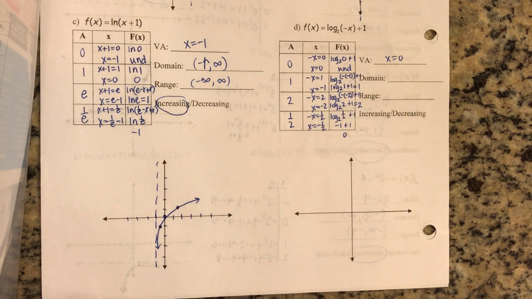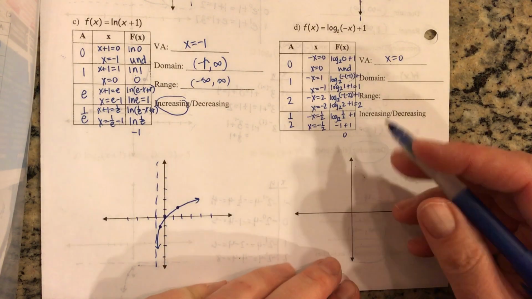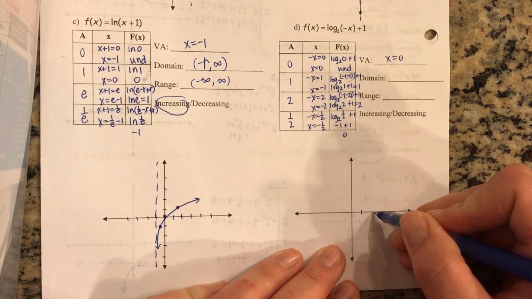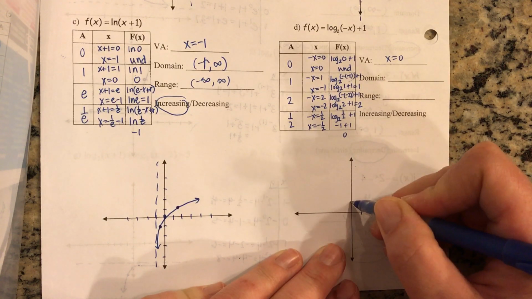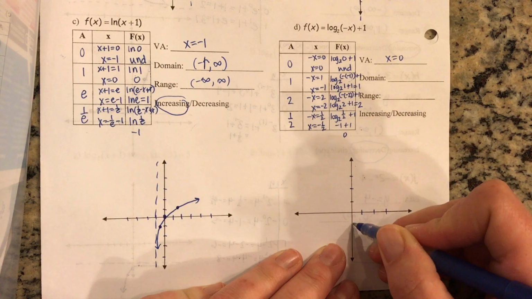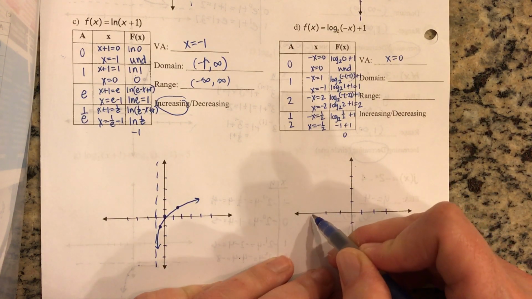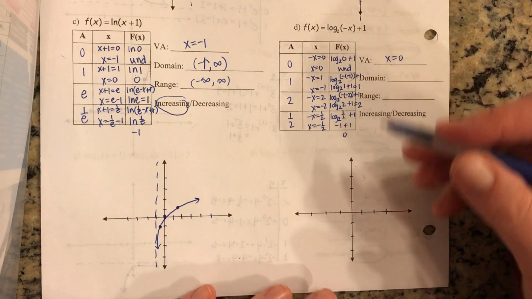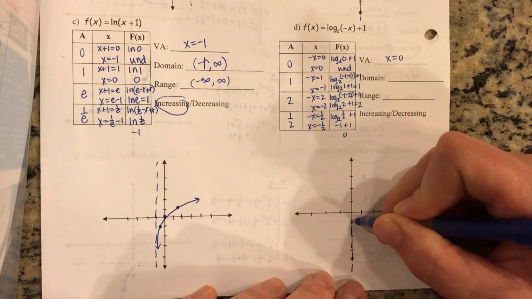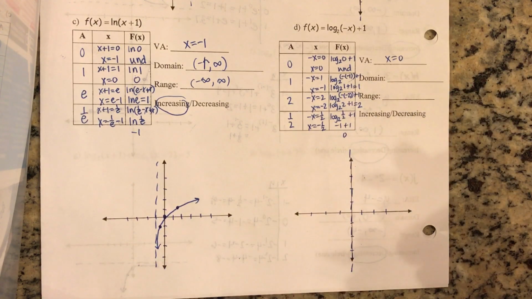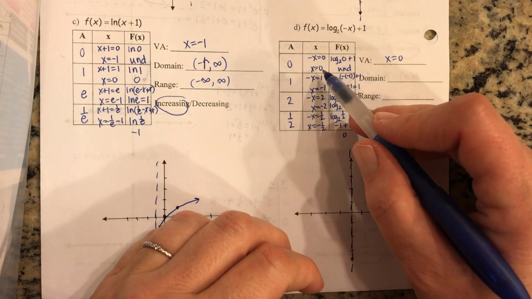Okay, so let's see here. 1, 2, 3. I'm going with bigger spacing because the numbers appear to be smaller. That way I have a little bit of space to deal with some stuff. Okay, my asymptote is x equals 0. Again, please go beyond the arrow so I can see. 0 is undefined.